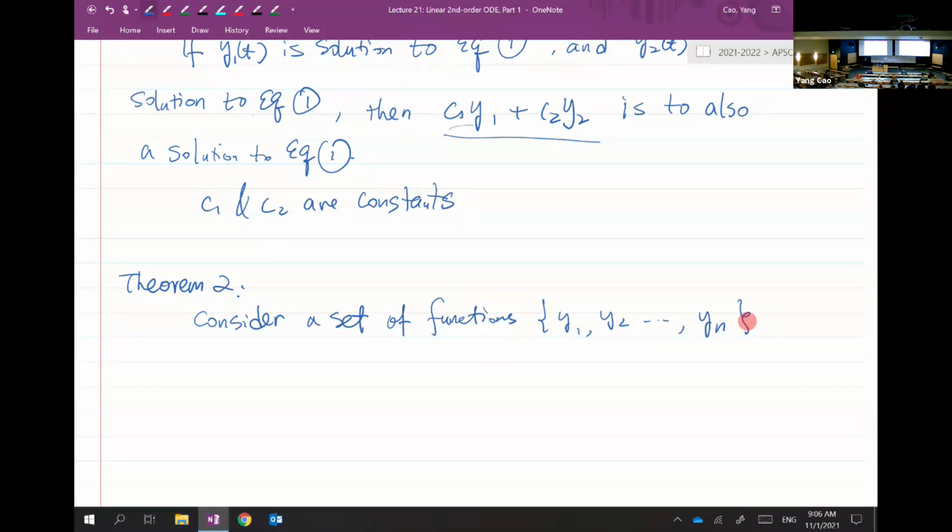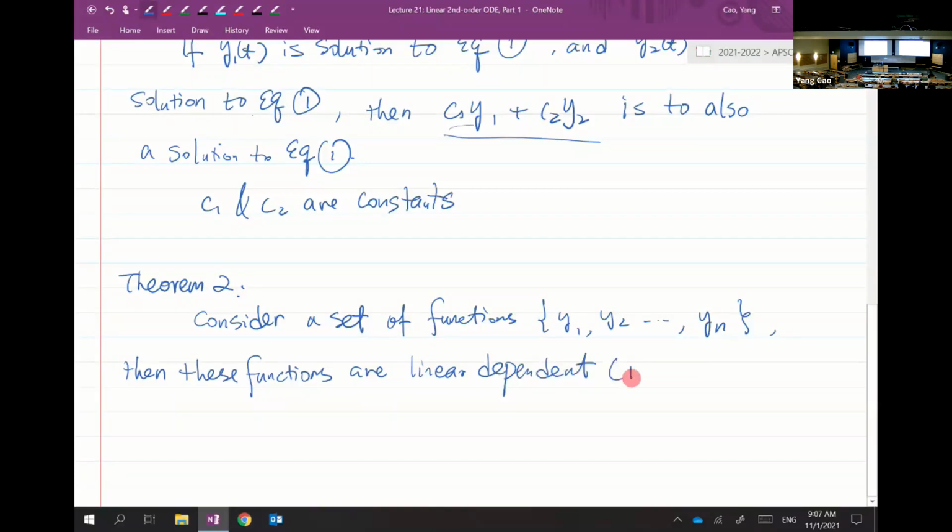We say these functions are so-called linearly dependent.